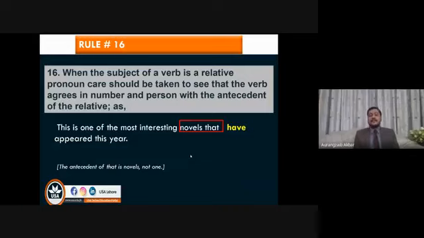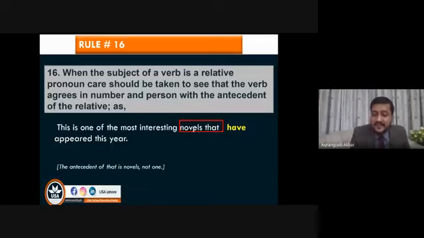its antecedent. This is one of the most interesting novels that have appeared this year. Look, here we have used the most interesting novels. That is a relative pronoun. Since we are talking about novels, that's why we have used "have".